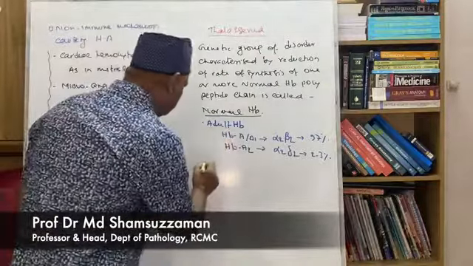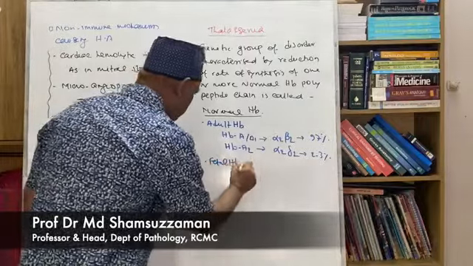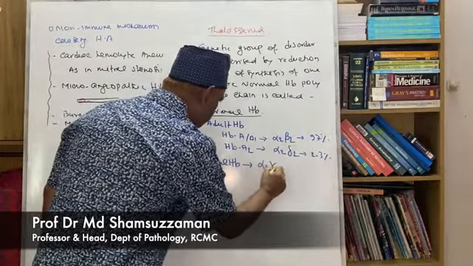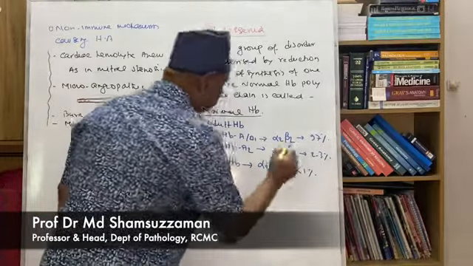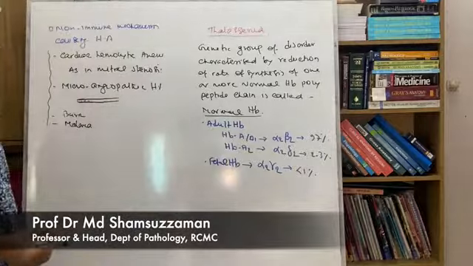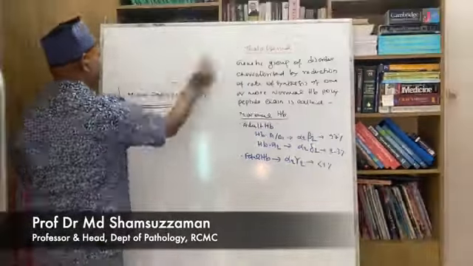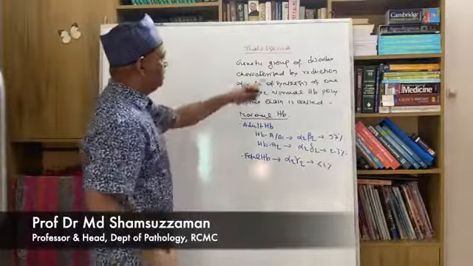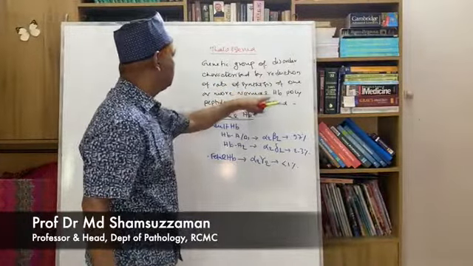Another normal hemoglobin is fetal hemoglobin, and it is alpha 2 and gamma 2. It is less than 1%. So these are the normal hemoglobins present in our body. By definition, reduction of rate of synthesis of one or more normal hemoglobin polypeptide chains.